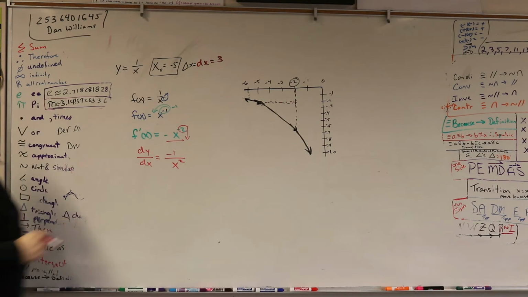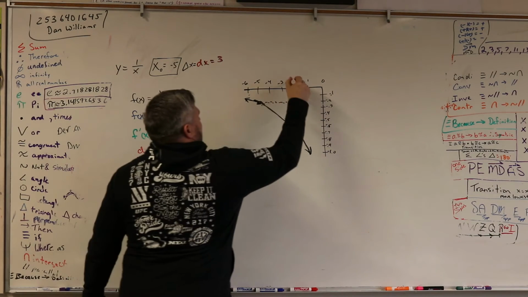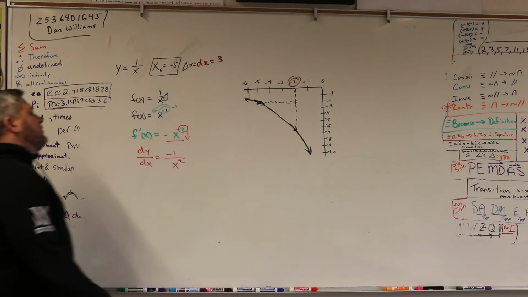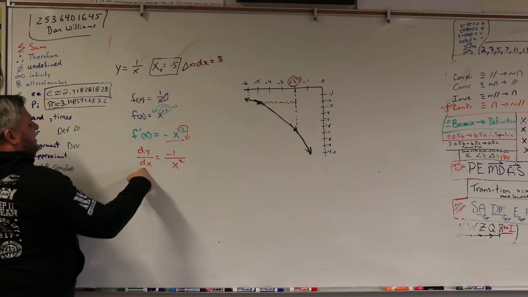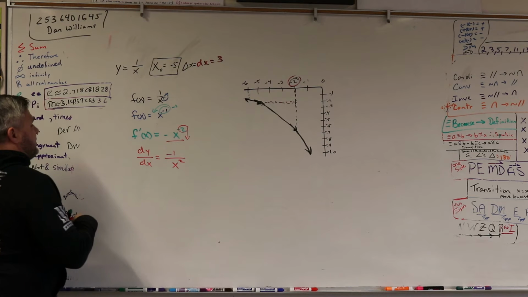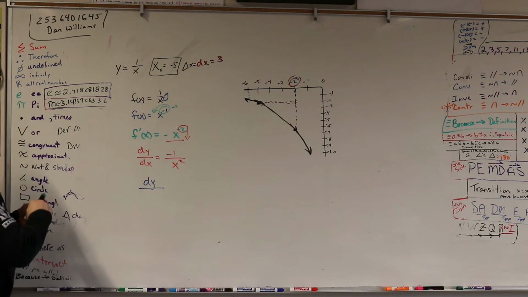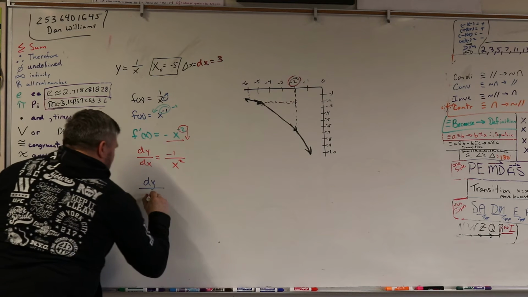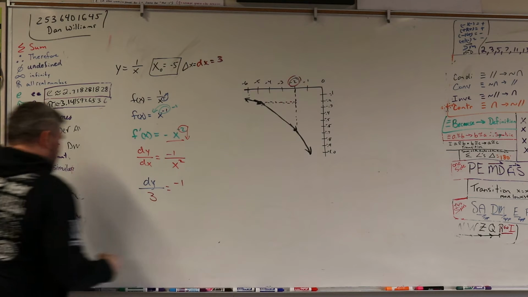Now we're going to plug that number in, right? We won't plug the number in yet. But right now we want to plug in the dx, which is 3, okay? So we want dy over 3, right, is equal to -1.